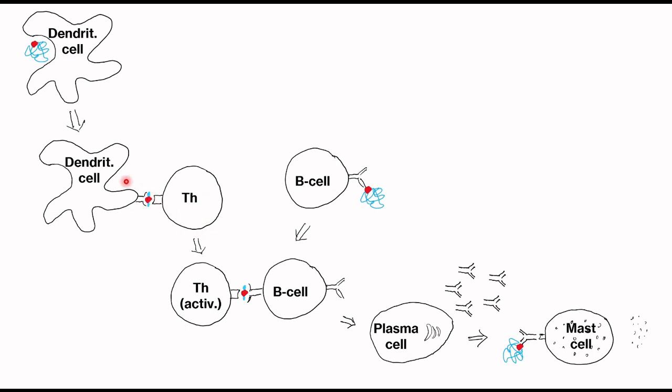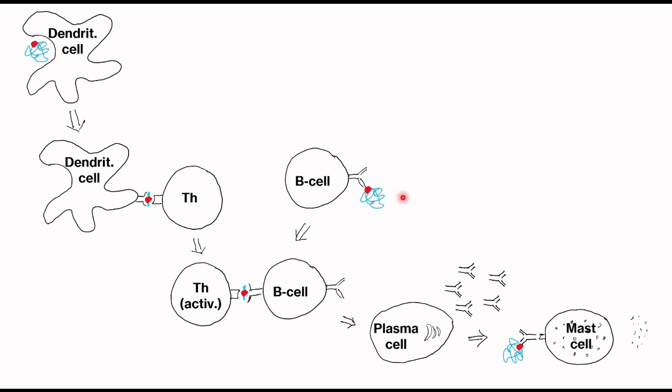Then this T helper cell can recognize this as something that's non-self, as a foreign substance, and can therefore activate this B cell, and the rest of the process is the same. So we have maturation to plasma cell, production of these antibodies, and then degranulation of the mast cell upon a further encounter with this penicillin protein complex. So this now is the mechanism by which we can have penicillin allergy.